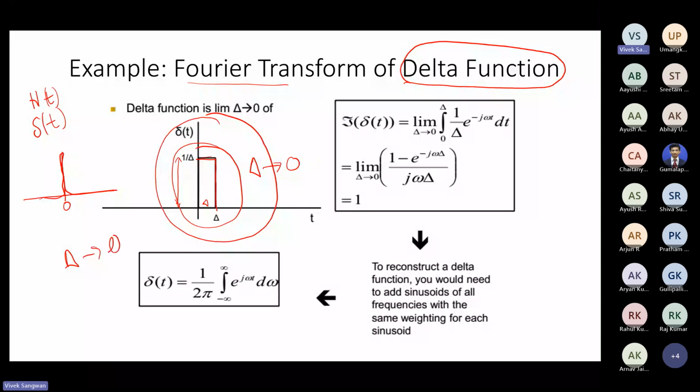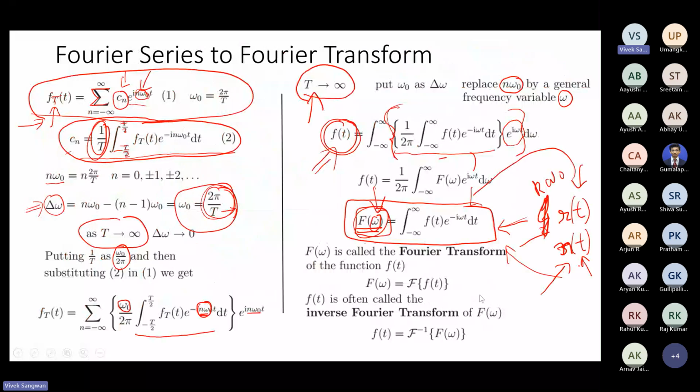That's how we will compute the Fourier transform of this delta function. So you just use the expression that was derived on the previous slide: integral from minus infinity to plus infinity, f(t) e raised to the power minus j omega t. Now, what is our f(t)? That function with capital delta.